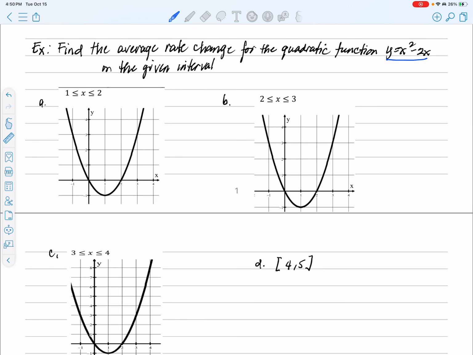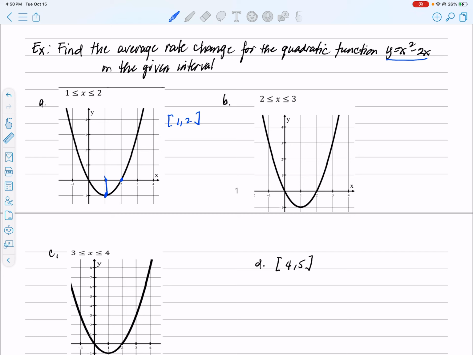So if we write that in terms of a closed interval, 1 to 2. Let's look for 1. 1 is right here. Where does it touch the graph? Right here. For 2, it touches the graph here.